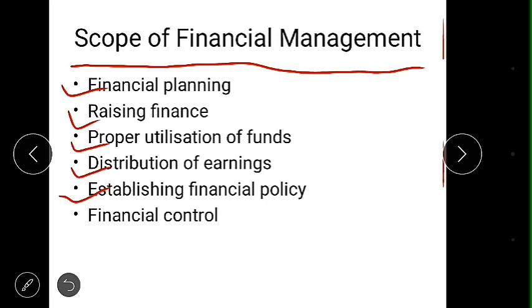A financial manager has to establish financial policy as well as this policy is communicated in various departments of company. Financial control. Whether the financial activities are according to the plan and policies or not, if there are any variances, the corrective steps are to be taken.